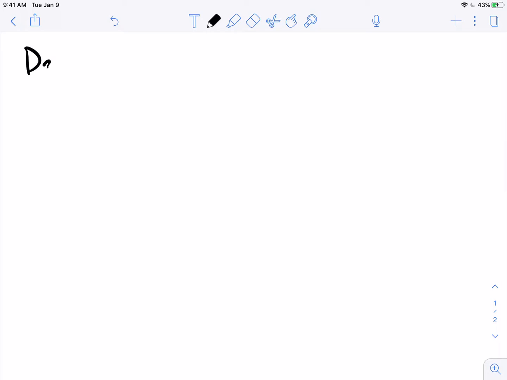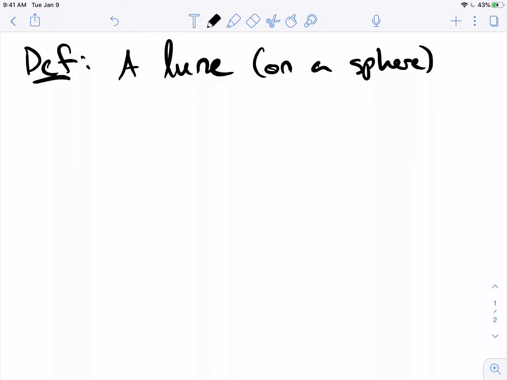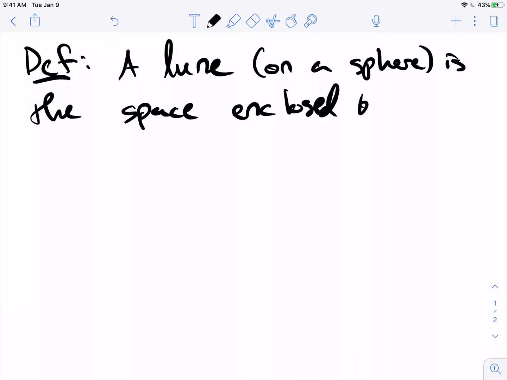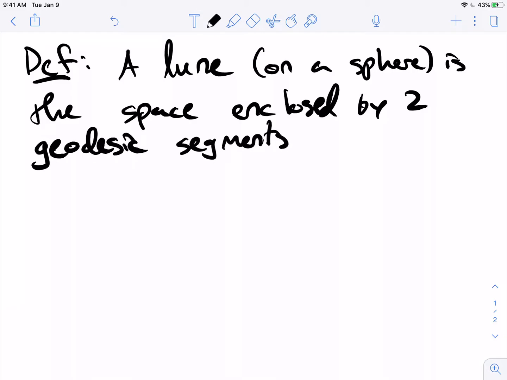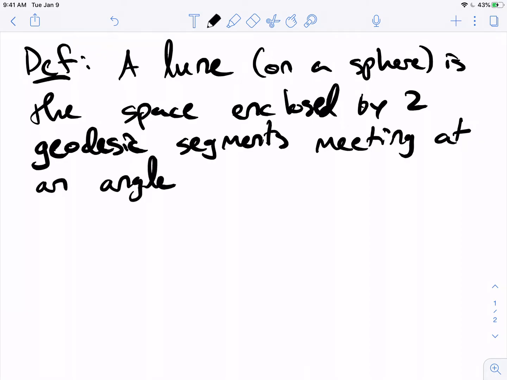So the key tool to proving this theorem is the notion of a lune. And a lune, something that only really makes sense on a sphere, is the space enclosed by two geodesic segments meeting at an angle, let's say alpha.